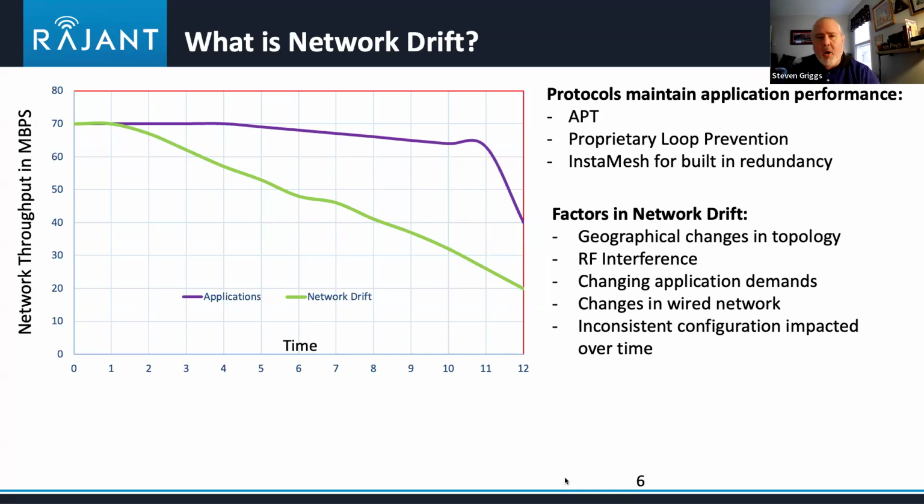There are several things that could cause network performance to start to degrade over time. And as Phil's going to point out in his presentation, especially in mining, you have geographical changes. Like the mine moves, it gets deeper, it gets wider. They move to a different ore body, and they don't change any of the infrastructure. So all of that stuff will impact the performance of your network over time.